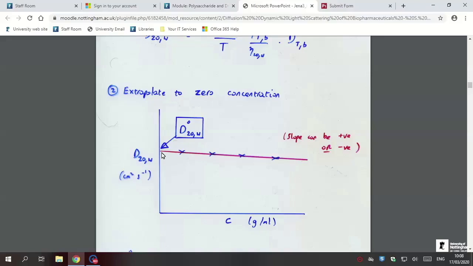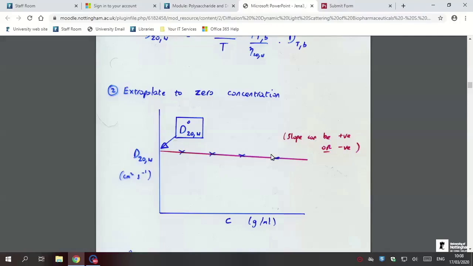Then you've got a different type of non-ideality which comes from particle moving and there's backflow, and also particles may be interacting and may be associated, and that causes a different slope. So you've got positive or negative slopes depending on the strength of these opposing forces. So these can cancel out.